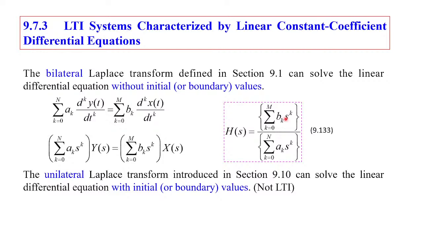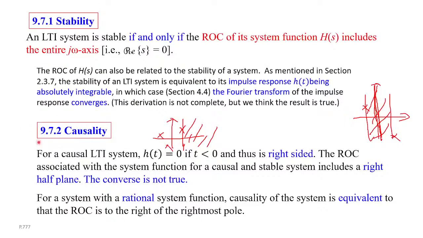So we might not pick initial rest, which is causal. So sometimes we pick anti-causal. So now we know if we pick causal, then we are always inverting this Laplace transform with the rightmost ROC.